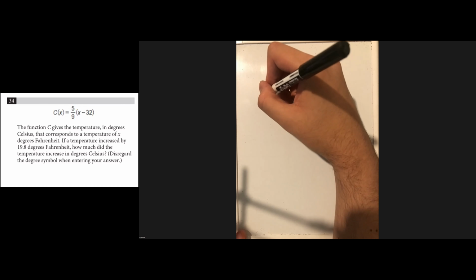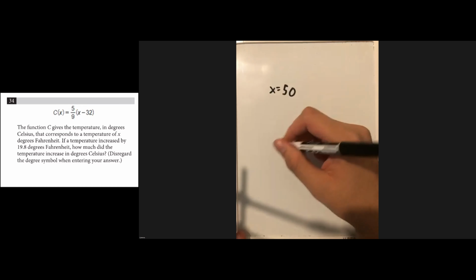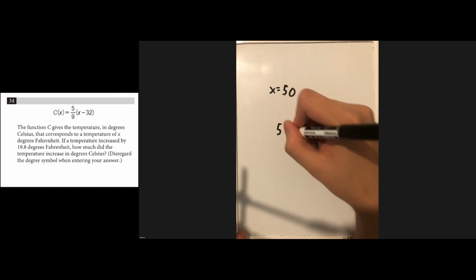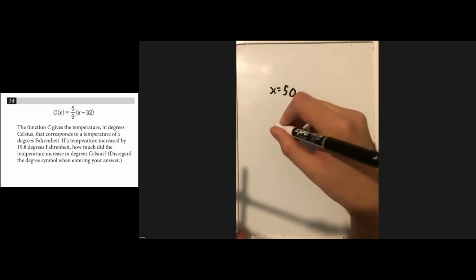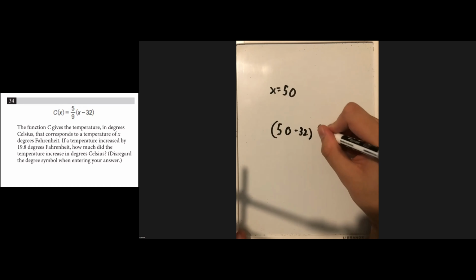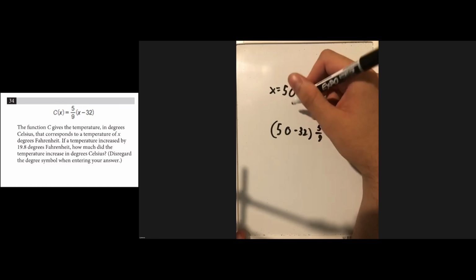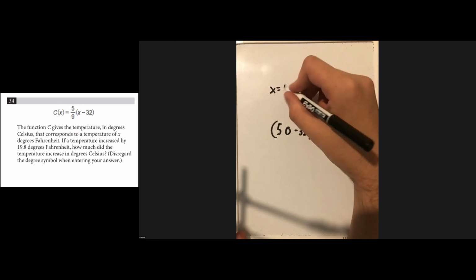But whatever value you choose for X, you'll have to increase that by 19.8. So let's just say X is 50 right now. Well then we can just do 50 minus 32 times 5/9. And you can use any value for X. You can even use 40 or 30 or whatever. I'm just using 50 here as an example.